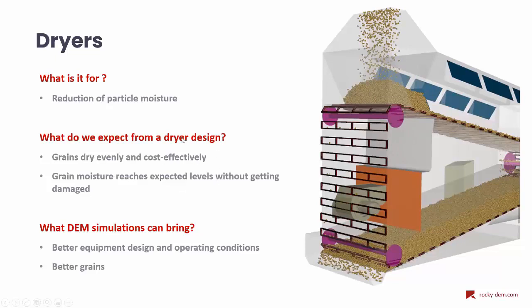And what do we actually expect from a dryer design? Basically, we want the grains to dry as evenly as possible, so that you have grains as uniform as you can in the same amount of moisture. And also, of course, we cannot forget that it's very important that we have all this process happening in a cost-effective manner. So we want to dry our grains, but we also want to do it saving as much money as we can.